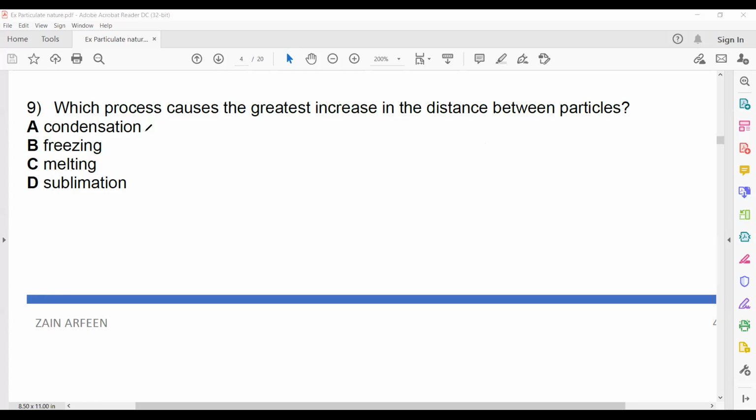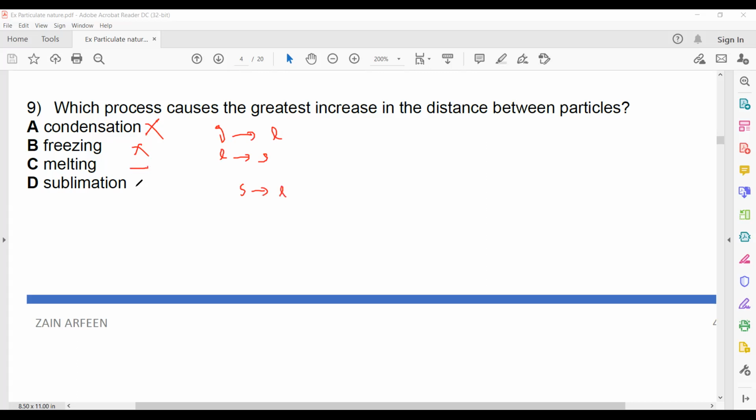Look, when you check, condensation means the gas is changing into liquid. So if gas is changing into liquid, the particles come closer. That's wrong. Freezing means a liquid is changing into solid. That's also wrong. Melting means a solid is changing into liquid.